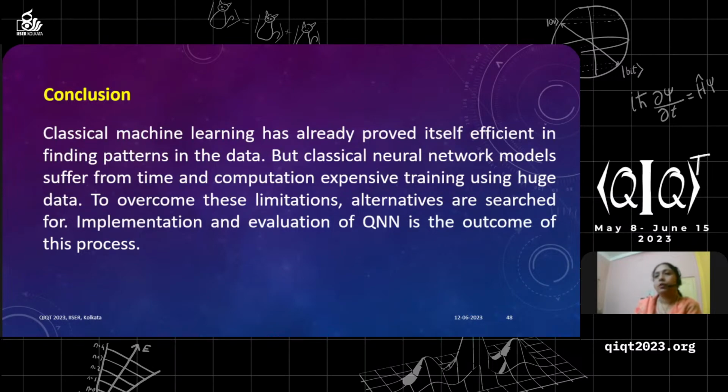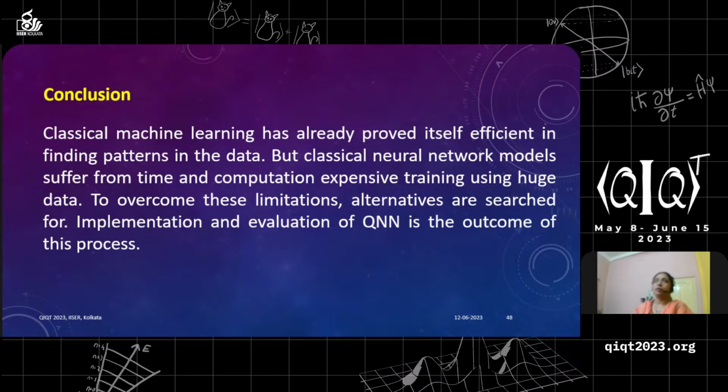Further, some limitations are there in our work. Particularly, all the experiments were executed in the simulator. We have implemented the circuit, but we have not incorporated any error correcting codes, so the error correction part we have not addressed.